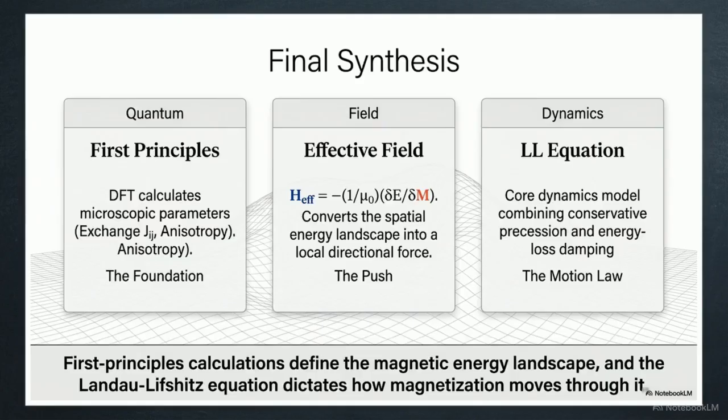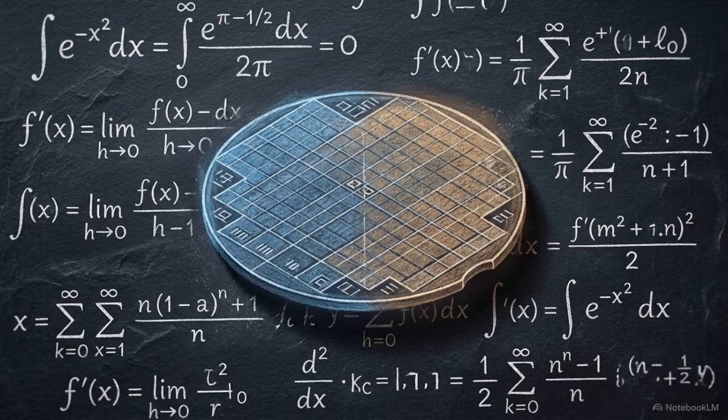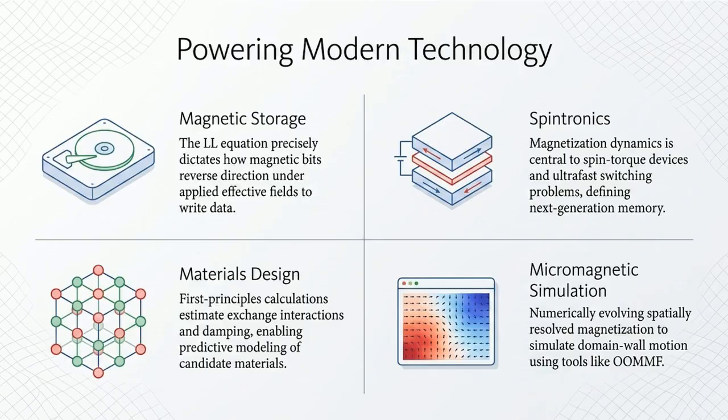Predictive magnetism is built on this triad: quantum first principles, the effective field, and Landau-Lifshitz dynamics. This framework is what allows scientists to move from theoretical physics into physical application. It directly informs the engineering of next-generation technologies, from high-density magnetic storage to spintronic sensors.